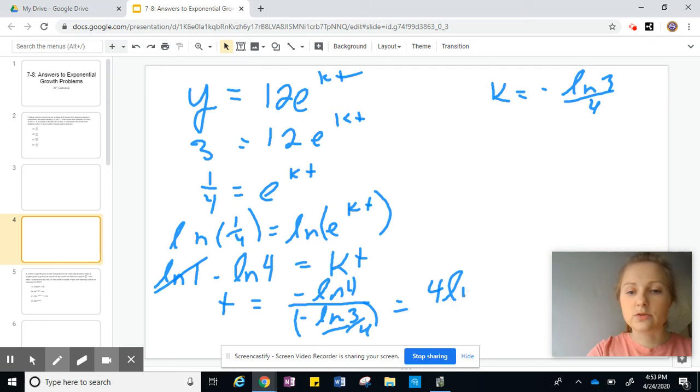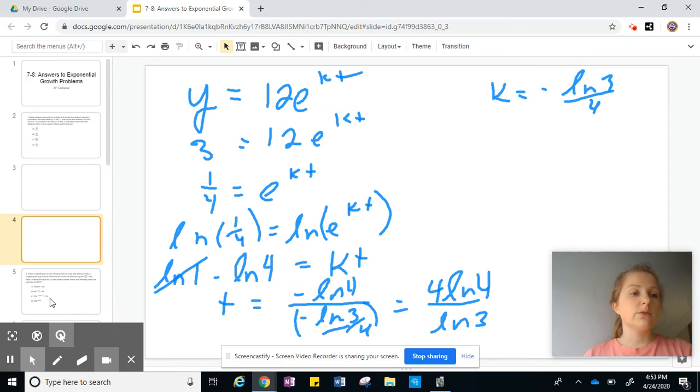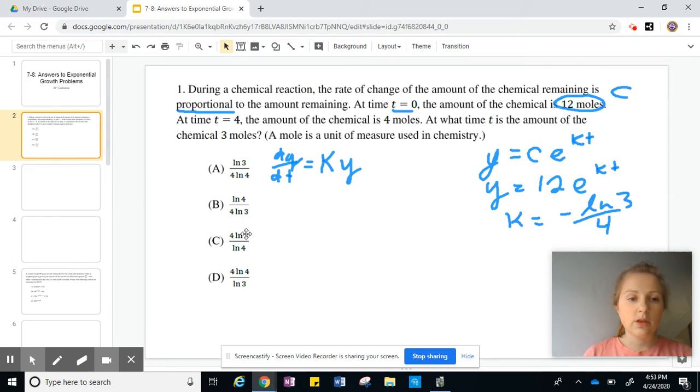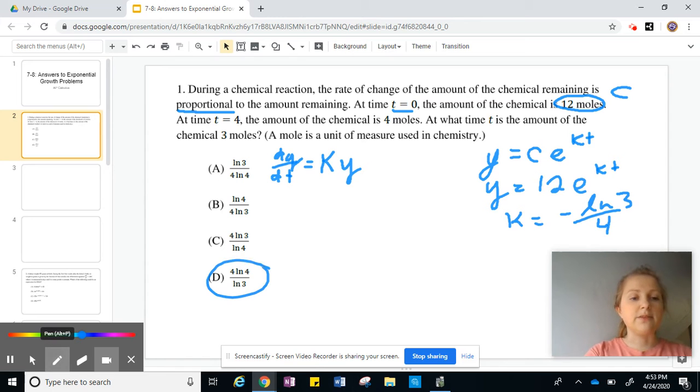We'll have 4 natural log of 4 over natural log of 3, and it's positive because we had a negative divided by negative. So we go back to our original question, and that is letter D.